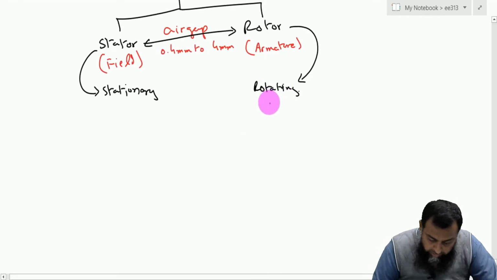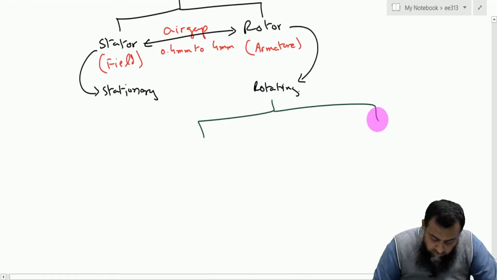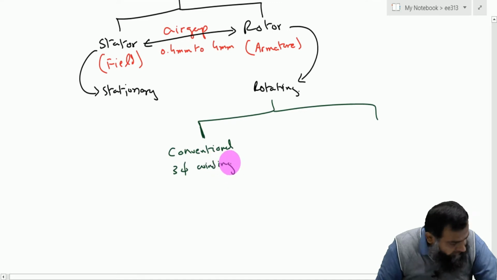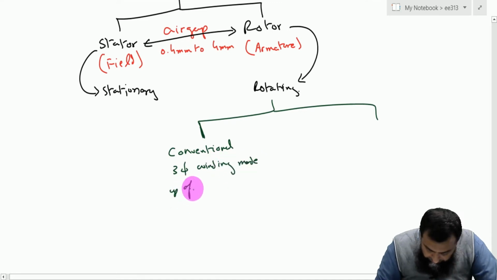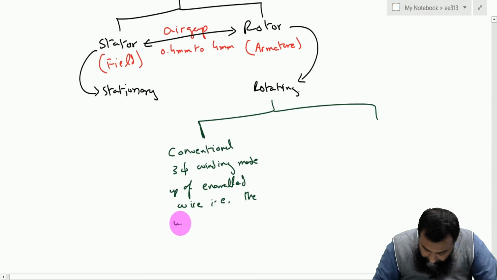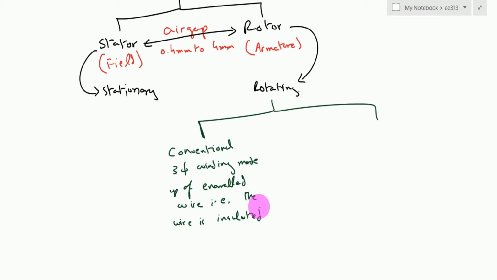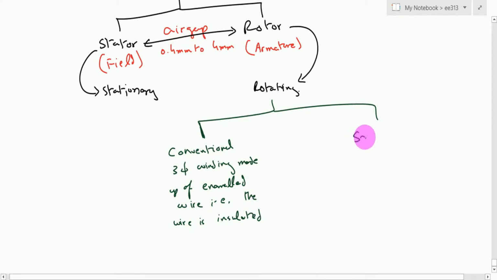The rotor circuit in an AC machine can have two types of winding. One, the conventional three-phase winding made up of enamel wire, that is, the wire is insulated, and the other type of winding available in the induction machine is a squirrel cage winding.